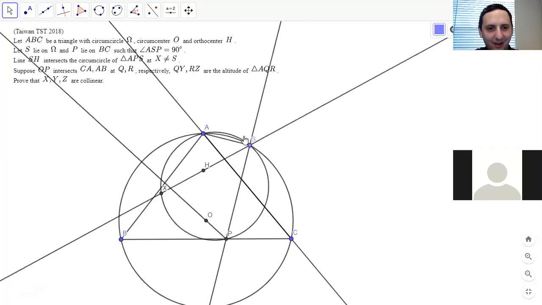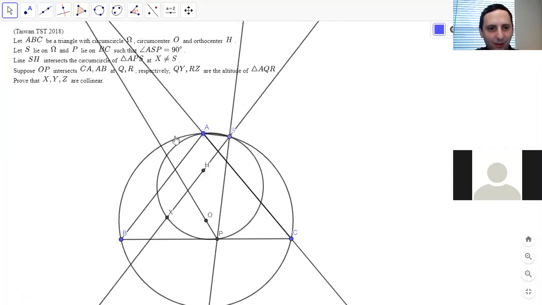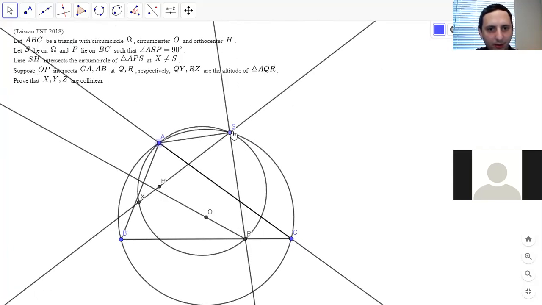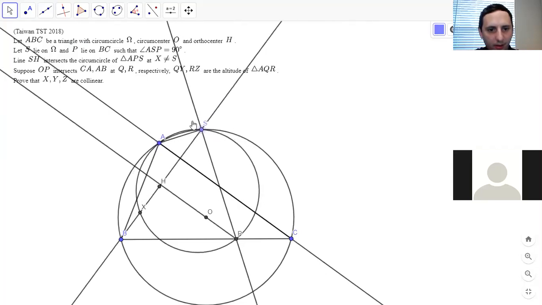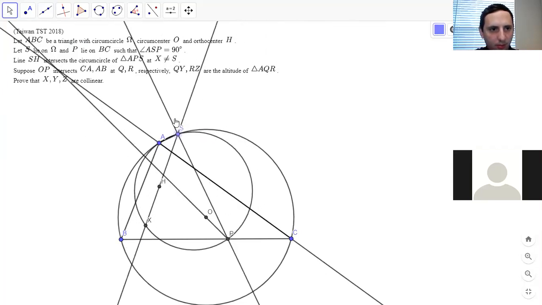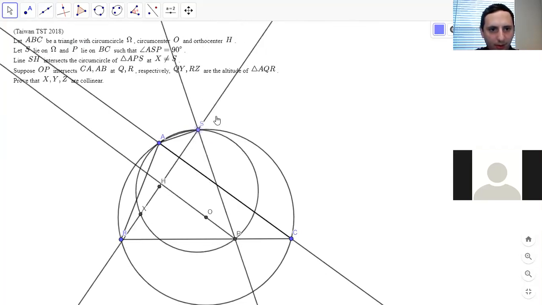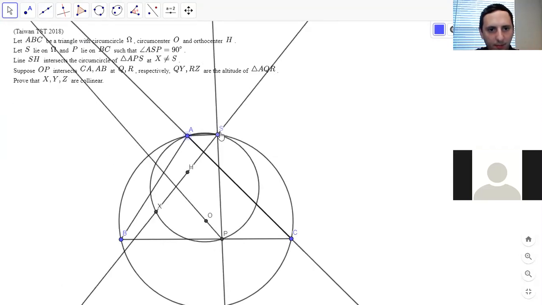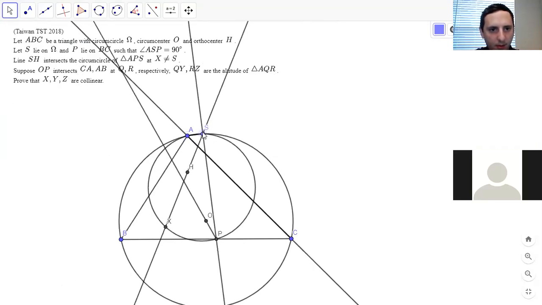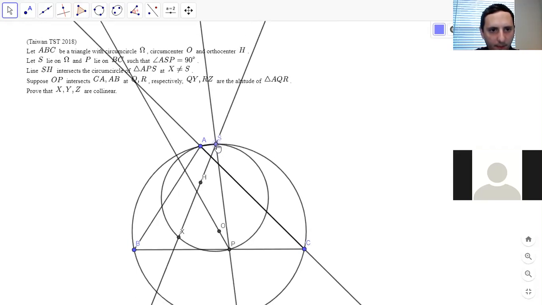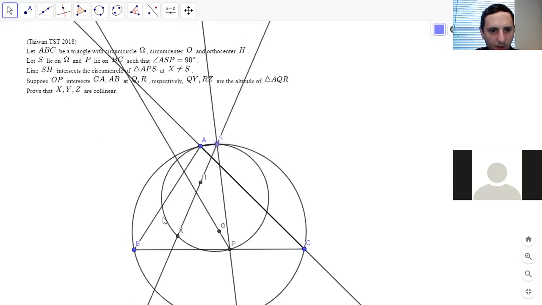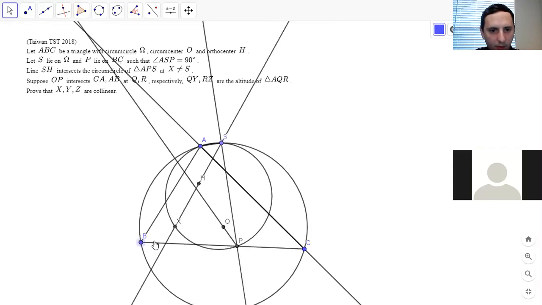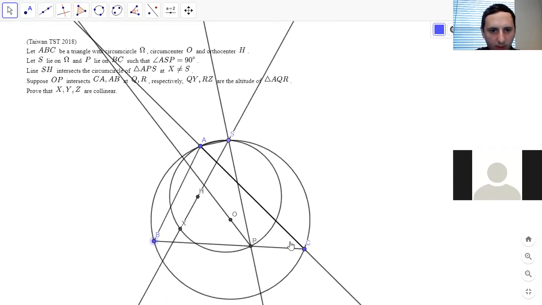But let's see, what if I move A like right here? And this is tricky. Just trying to draw a good diagram. Maybe that'll be good enough for now. Or I'm just going to shrink this a little bit.